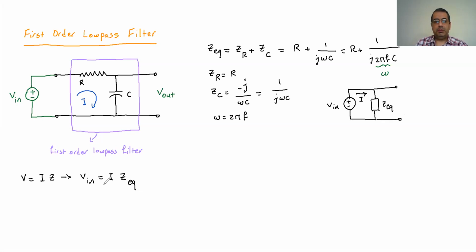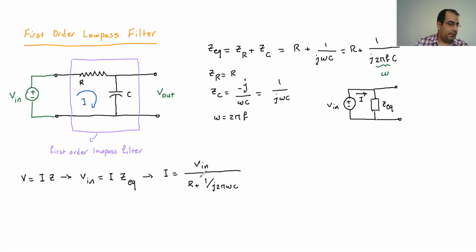So it's going to be very simple. V is equal to this one. Therefore, I is going to be V input over Z equivalent, which is R plus 1 over j 2 pi omega C.